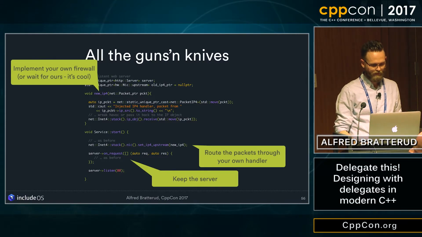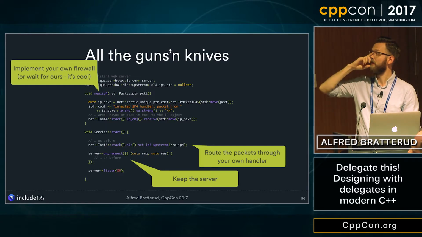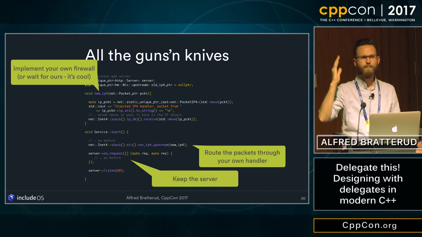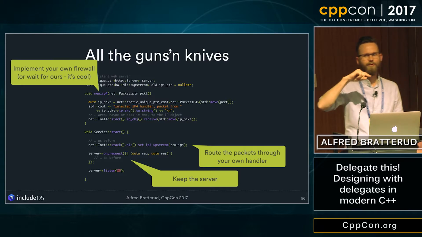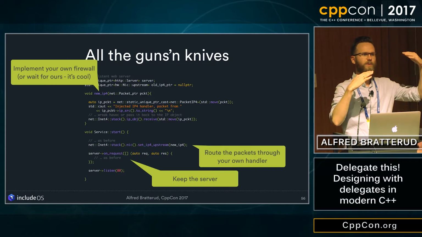And so let's see how it looks. What's interesting is that I'm keeping this server, right? Because I'm keeping the path from the NIC all the way up to the HTTP server intact. All I've done is plug something in between.